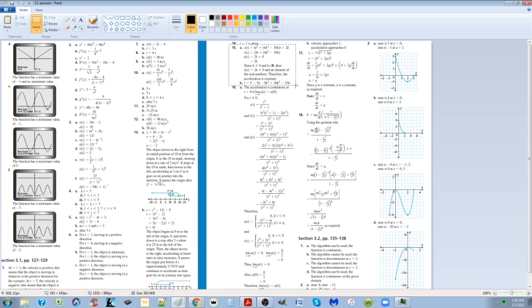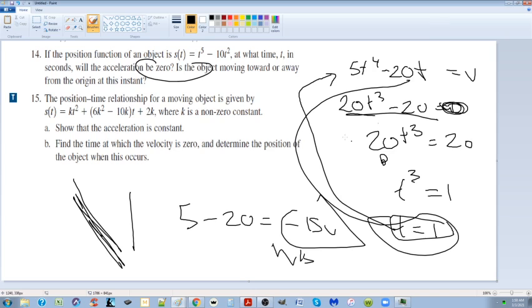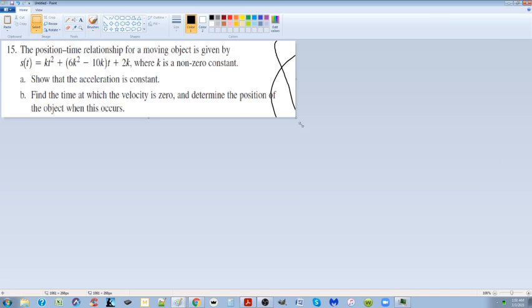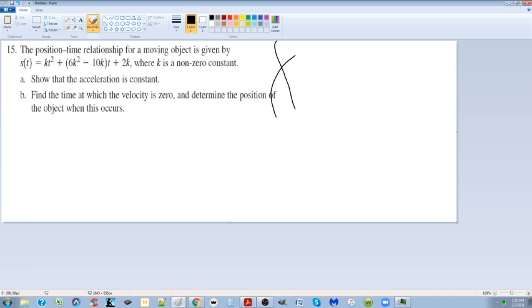So I'm going to show you how this isn't as hard as you think, this 15. But it's arduous. So you just got to treat all these k's like numbers. Show that the acceleration is constant. Easy enough.